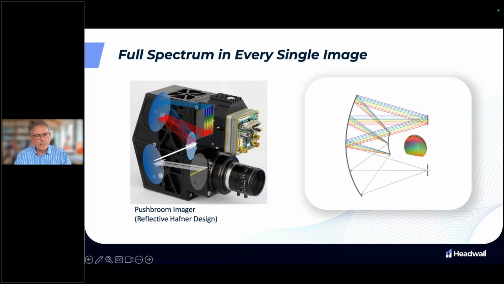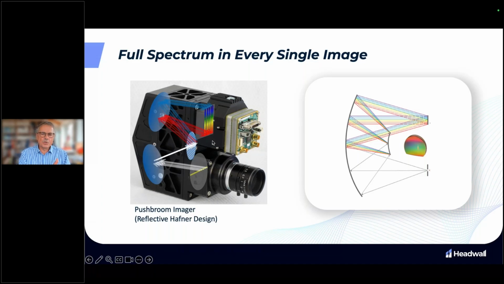Now this line of your substrate is being projected onto a grating that diffracts the light, that differentiates the light by its wavelength content. After the grating, that light is reflected onto a sensor where we get a two-dimensional image. One dimension is the spatial information. The other dimension, perpendicular to it, is the spectral information in every single image.